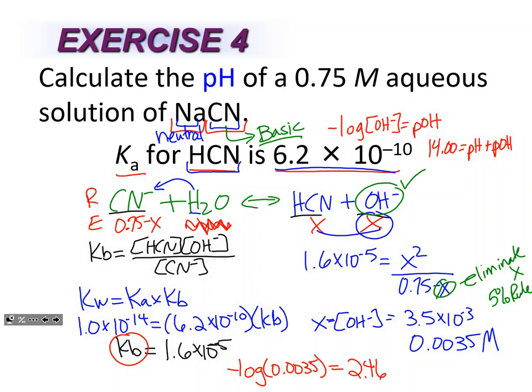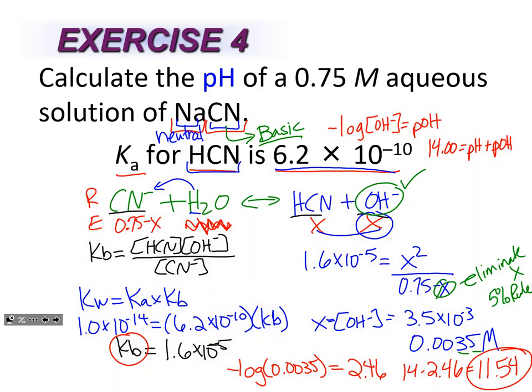All right, I'm going to go with 2 significant figures since there's 2 in our concentration, or 2 decimals, excuse me. And then we subtract that from 14. So 14 minus 2.46, this is going to give us 11.54 for the pH.